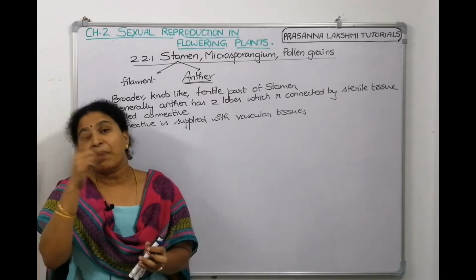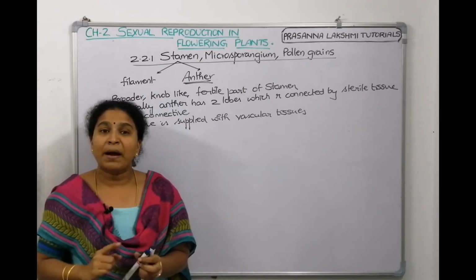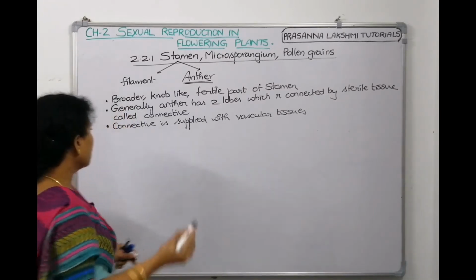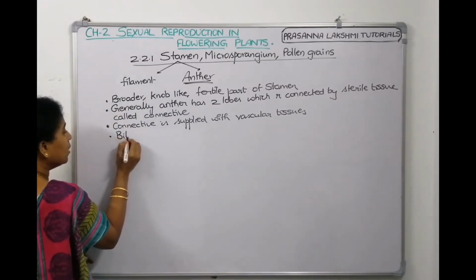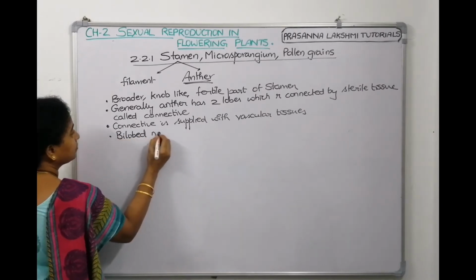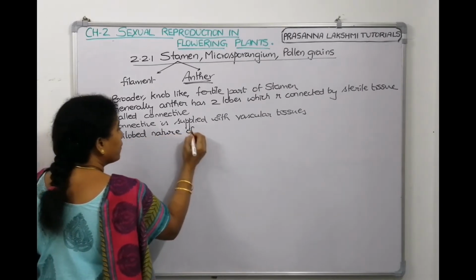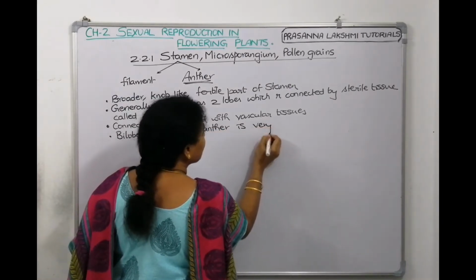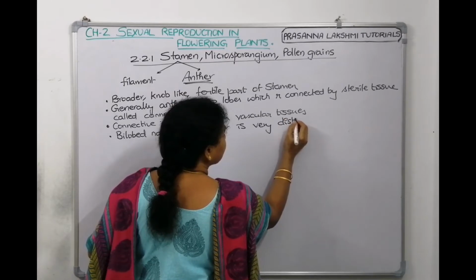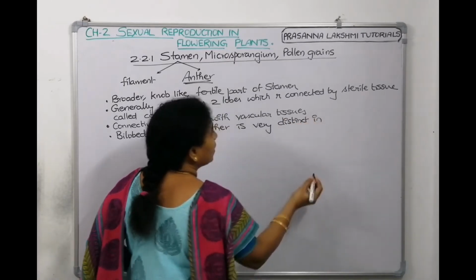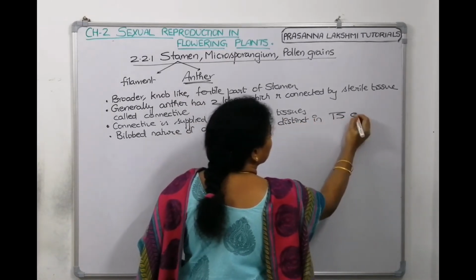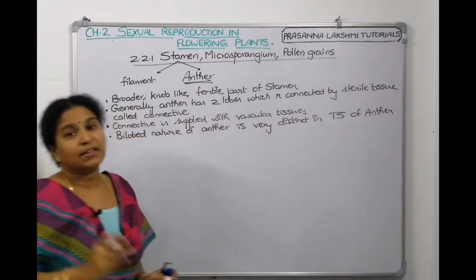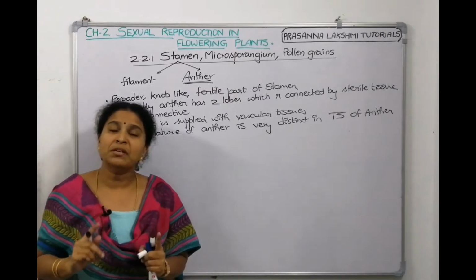When can we see the bilobed nature of the anther? The bilobed nature is very distinct in the transverse section, TS, right? So when we make the transverse section of anther, the bilobed nature is very much distinct.